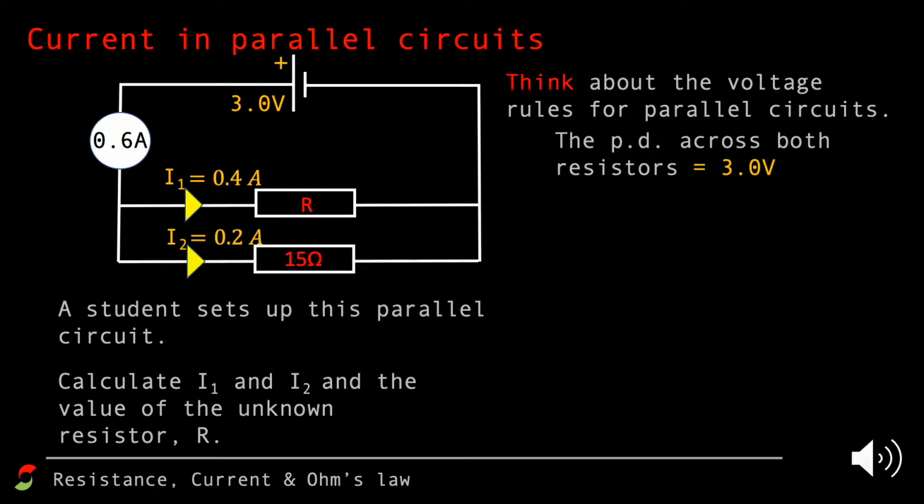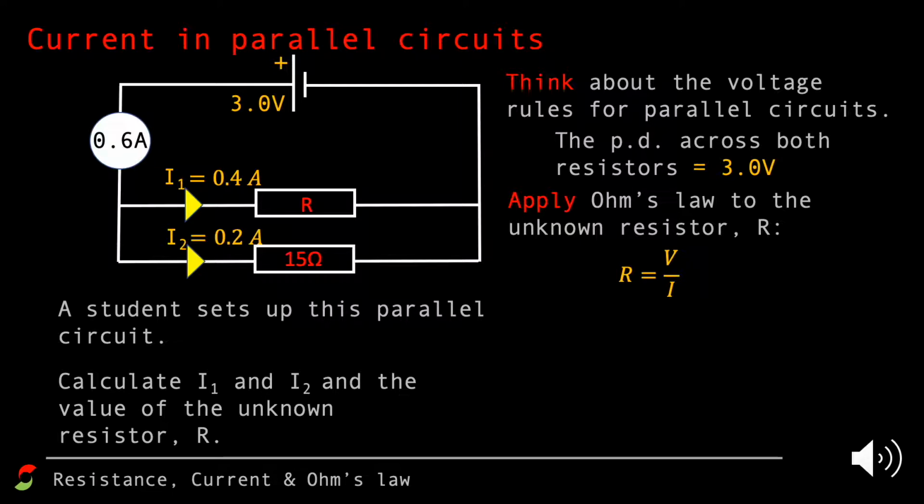So the parallel circuit rules for voltage or potential difference means that the potential difference across R is 3 volts. So that means we can apply Ohm's law for our unknown resistor R. So write the equation down, and we write the potential difference across that resistor, and we divide that by the current flowing through that resistor, and that will tell us the value of that resistor.